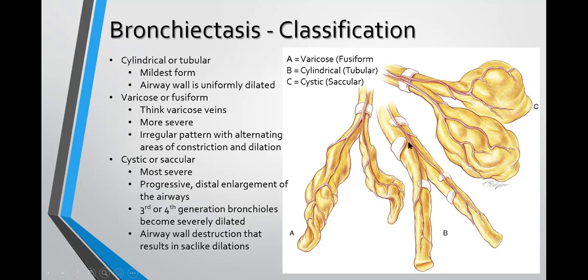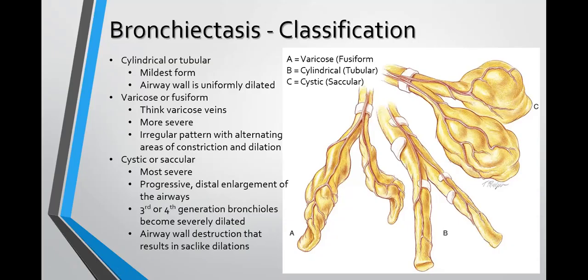It shouldn't be this big, okay? The bronchiole or the bronchi should not be this big. It should be smaller, but it's dilated, and it's dilated pretty much the same all the way through. So it's uniform dilation. That's called cylindrical, and that's the mildest form of bronchiectasis, okay? If you had to have bronchiectasis, this is the one you want.